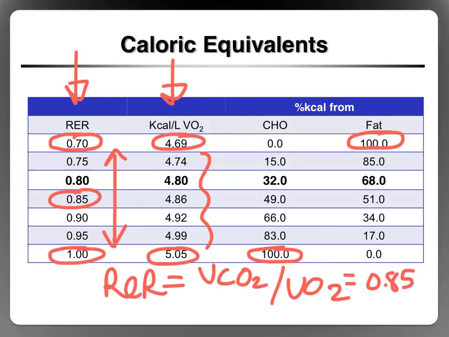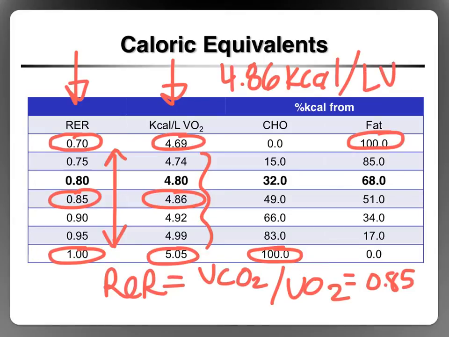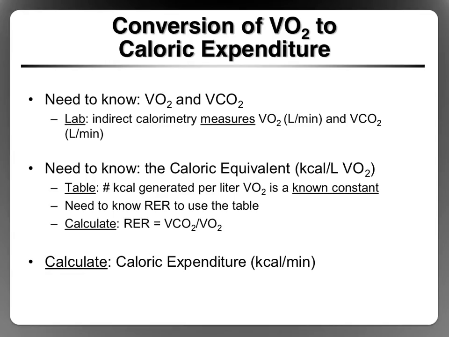Then you would look at the table and you would know that the caloric equivalent is 4.86 calories per liter of oxygen consumed. Okay, so that's how you use the table. All right, so we're on our last step, which is to calculate caloric expenditure.